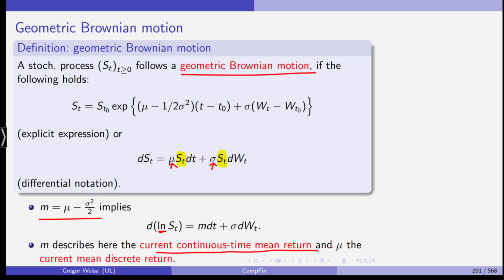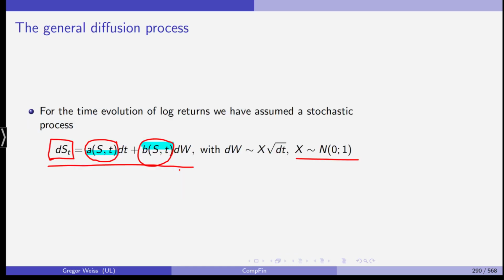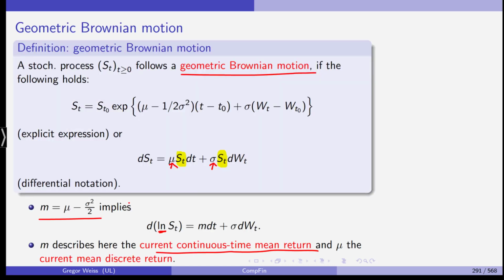So what we see is we assume a diffusion process for the change in the stock price, and thus a geometric Brownian motion for the stock price gives us a Wiener process for the log prices. So it's all related, really.